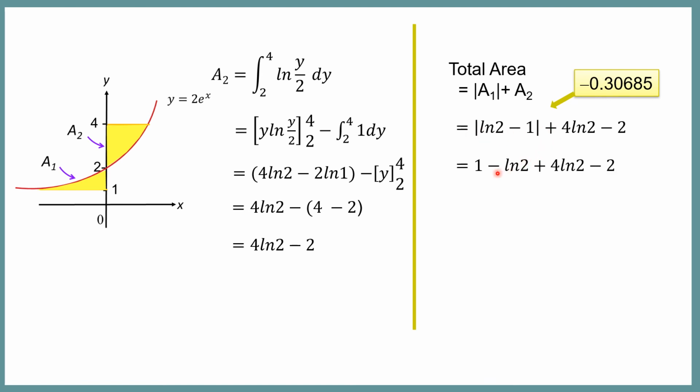So we have 1 minus ln 2 plus 4 ln 2 minus 2. Simplifying, we have 3 ln 2 minus 1 units squared. Okay, you can leave your answer in terms of ln or in terms of decimal values, which is 1.079 units squared, rounded off to 4 significant figures.